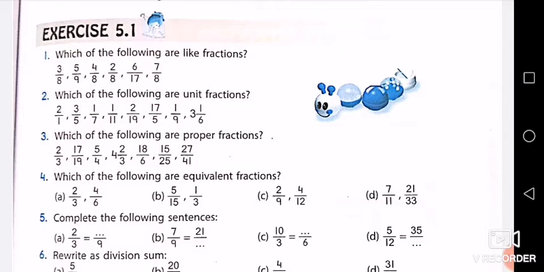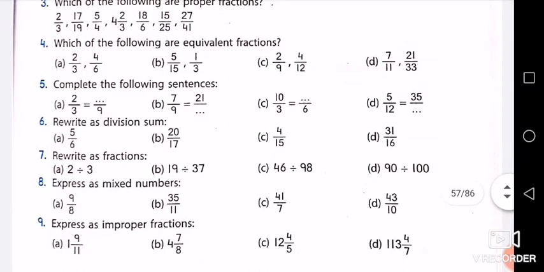Unit fractions, proper fraction, equivalent fraction. Complete the following, rewrite as division sum and rewrite as fraction. Now we will do question number 8 right now, whose introduction we have just done. Express as mixed numbers. Now improper fractions have been given to you. You are supposed to express them in mixed numbers.